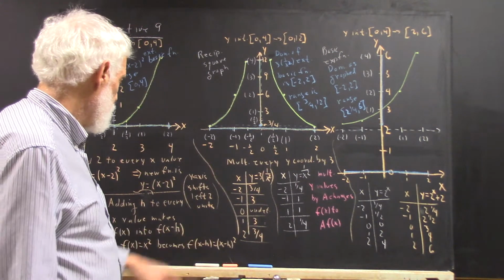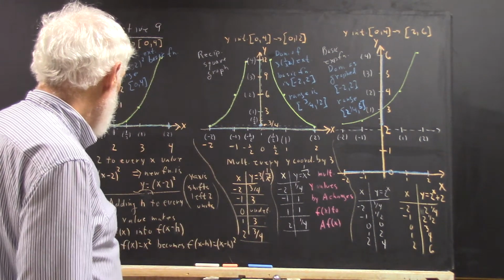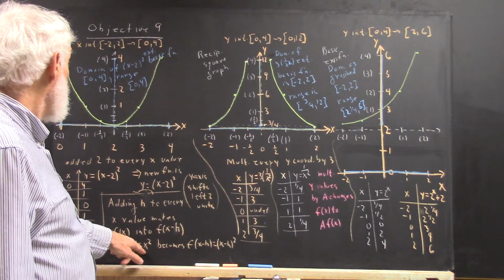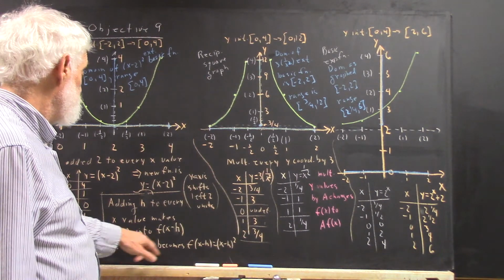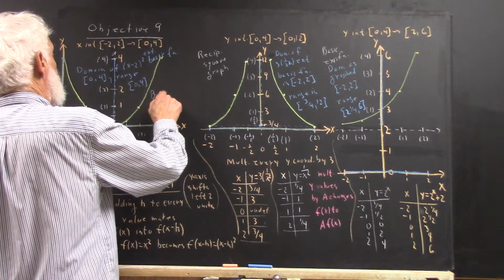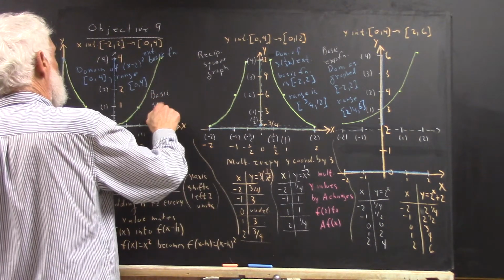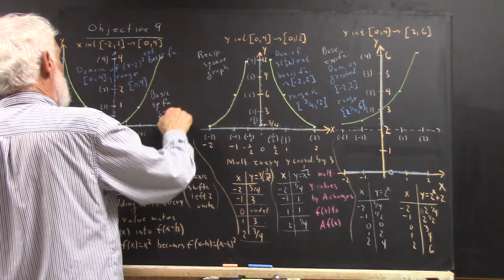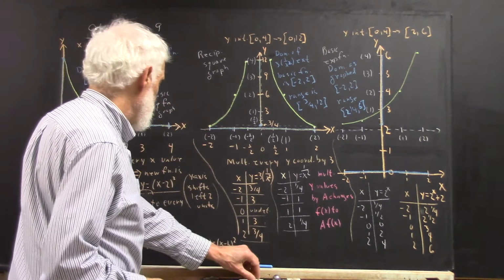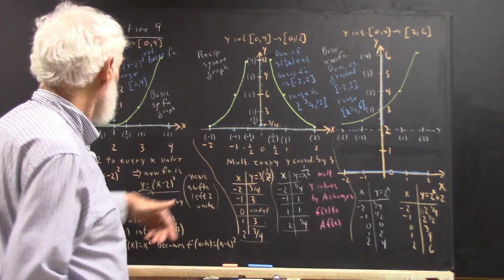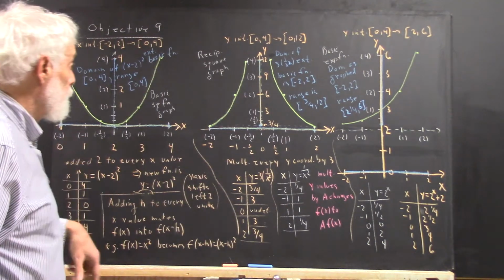The new function is f of x minus h. And in the case that f of x is x squared, the basic squaring function, I should maybe label this basic. The squaring function becomes x minus h squared, x minus 2 squared in this case.